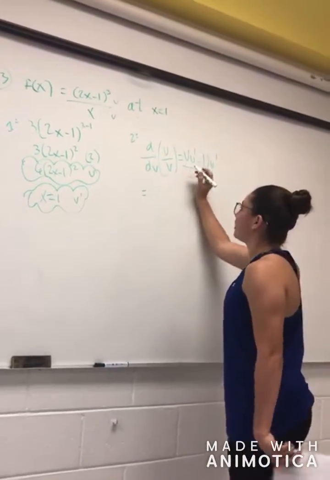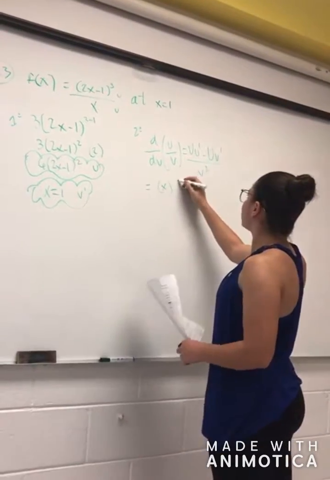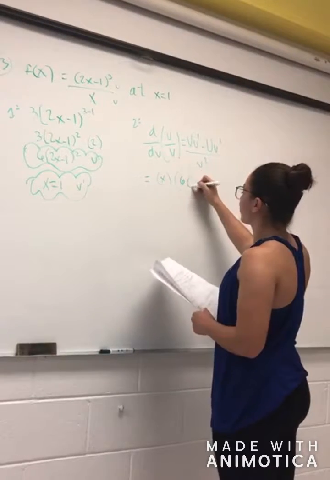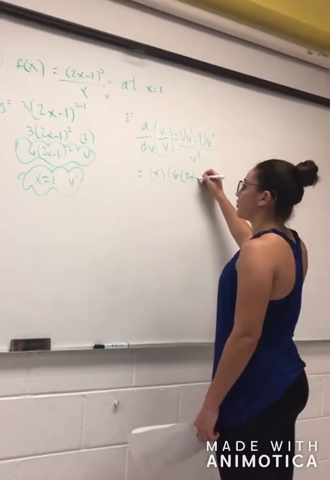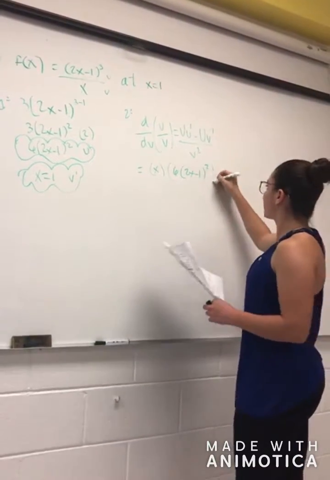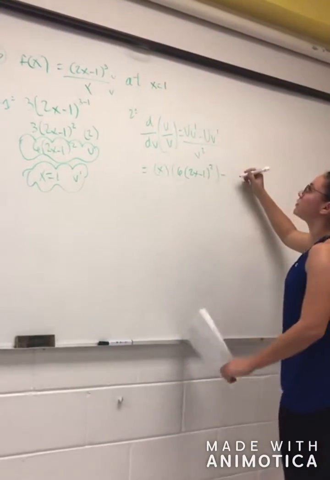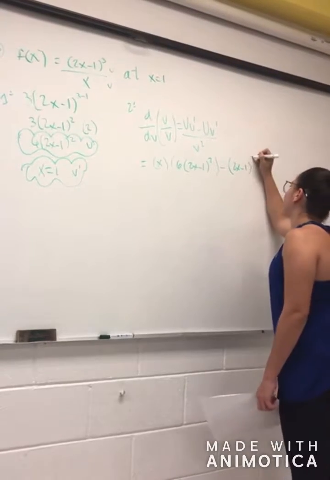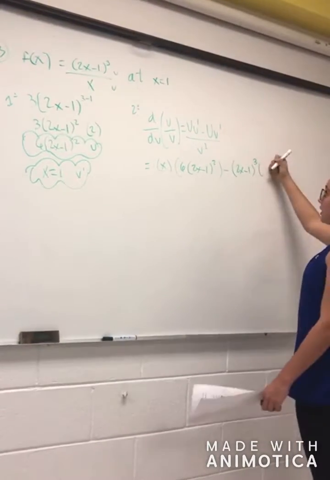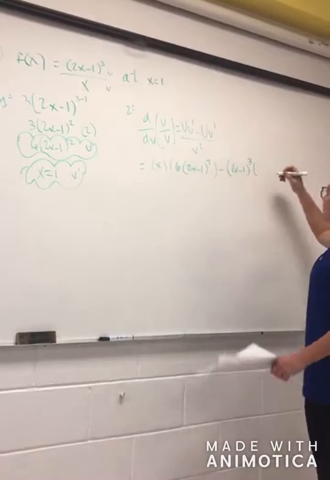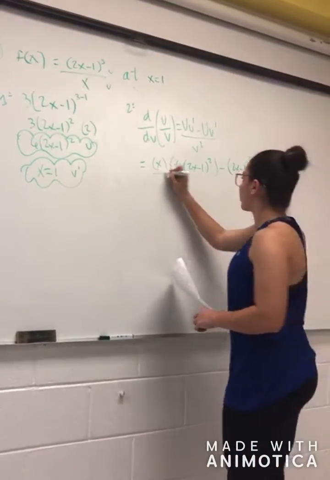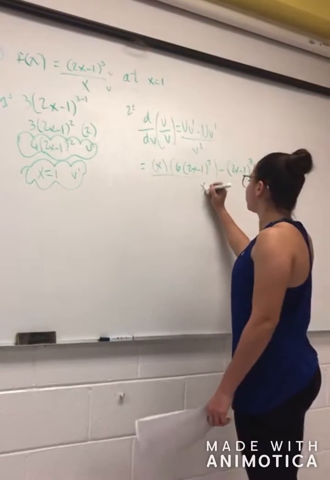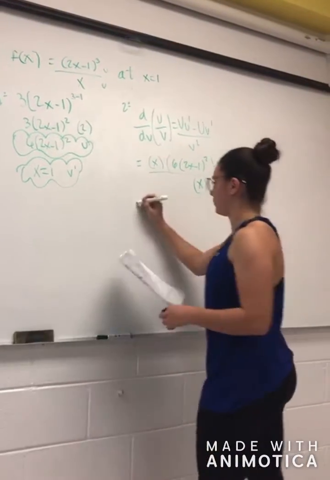So the v is x multiplying the derivative of u, that is 6 multiplied by 2x minus 1 to the power of 2, minus the u, that is 2x minus 1 to the power of 3 multiplying the derivative of v, that is 1, over the v to the power of 2, that is x to the power of 2.